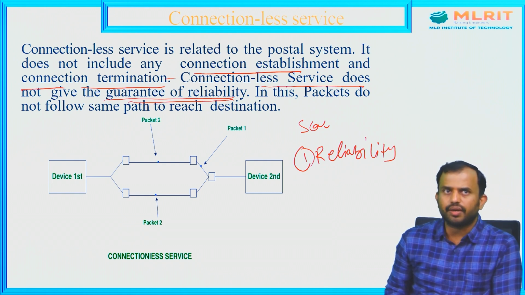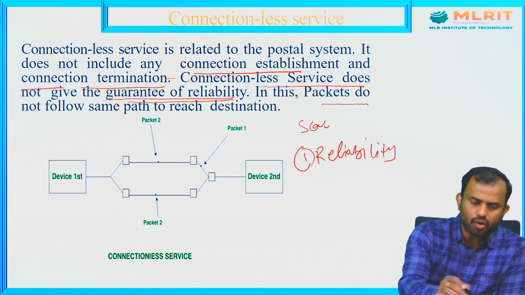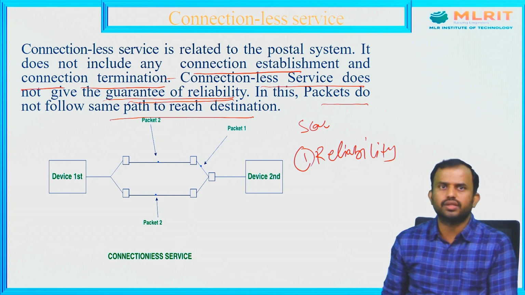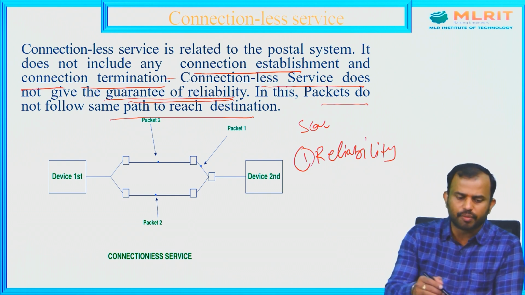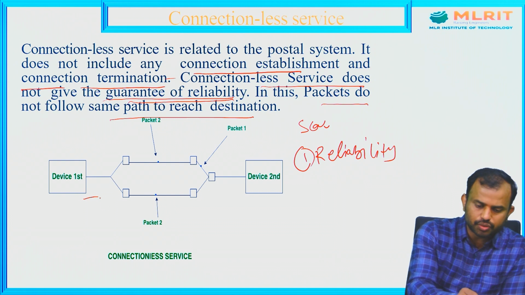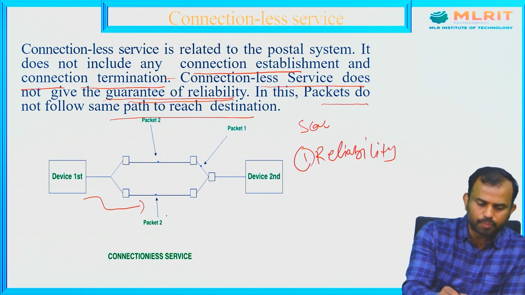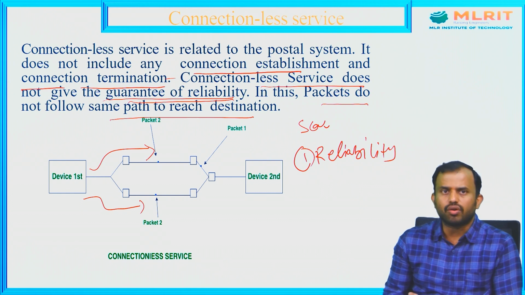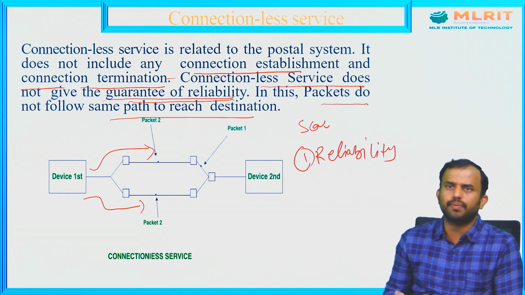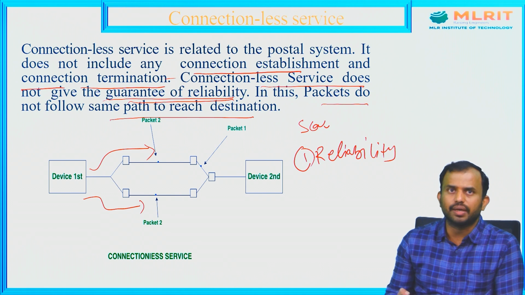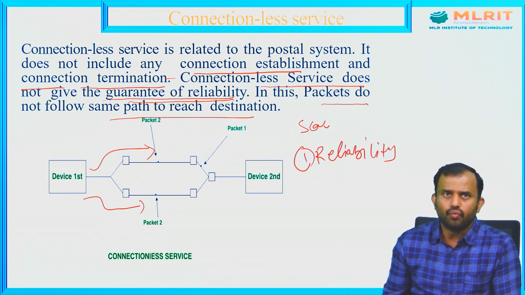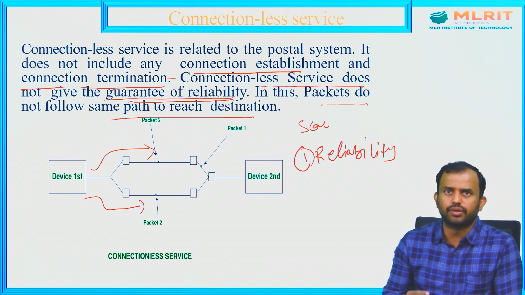At the same time, the packets do not follow the same path to reach the destination, because based upon the situation and the availability, the packet may be transmitted using one routing path or may choose another routing path. Because of the shortest distance, they choose the path. Assume we courier one packet from Hyderabad to Delhi.